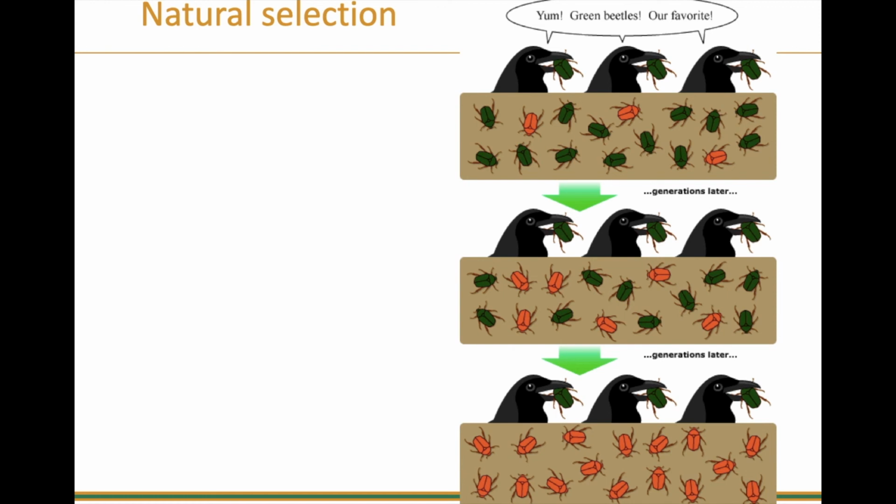After many, many generations, you have roughly equal numbers of green and brown beetles. And then after many, many more generations, all the green beetles have been eaten, and the only ones surviving are the brown beetles. So that's natural selection, or survival of the fittest.